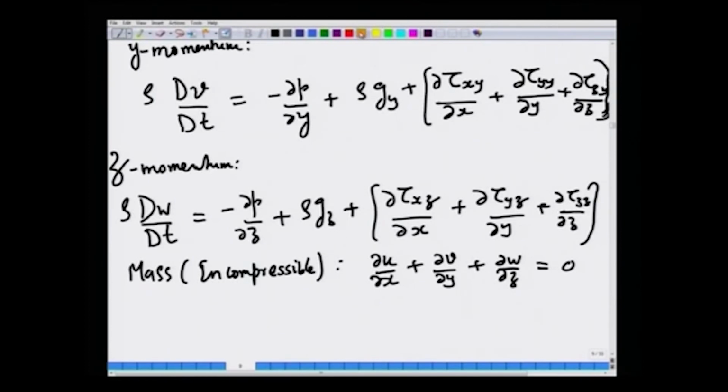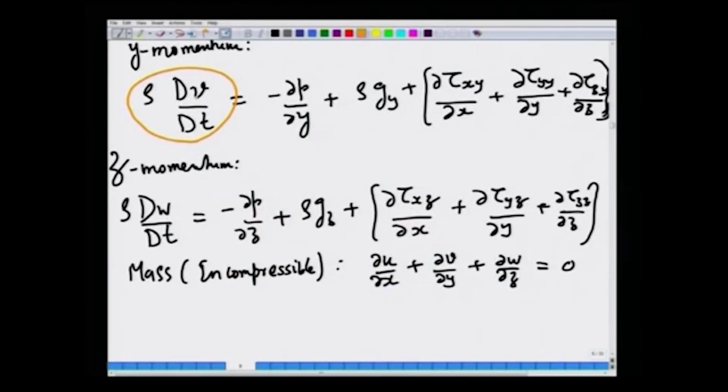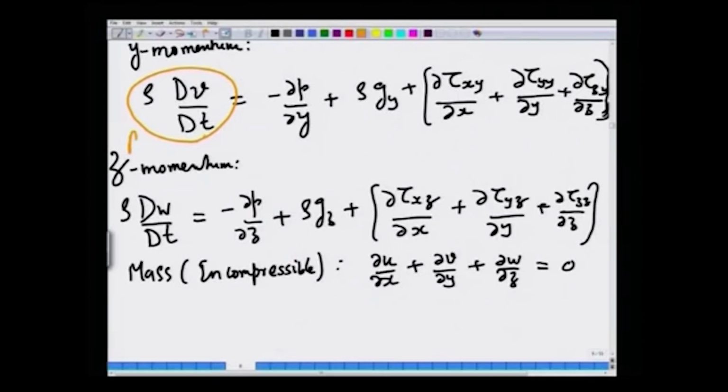The interpretation of any component of this momentum balance is fairly simple. It is essentially a consequence of Newton's second law of motion. So, it says that rho times the substantial derivative of the velocity, which is the acceleration, is mass times acceleration per unit volume. So, the rate of change of momentum per unit volume is equal to the sum of all forces.